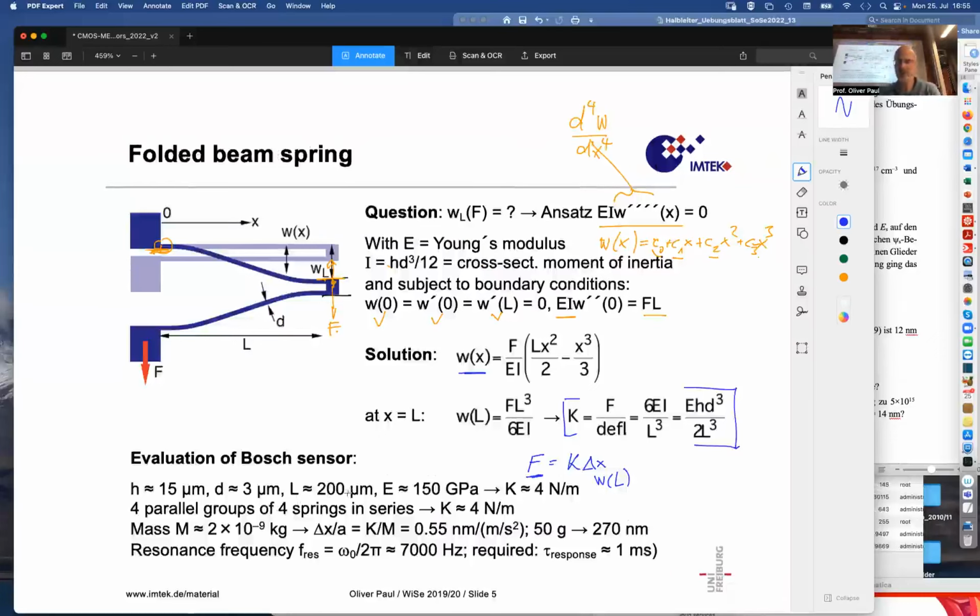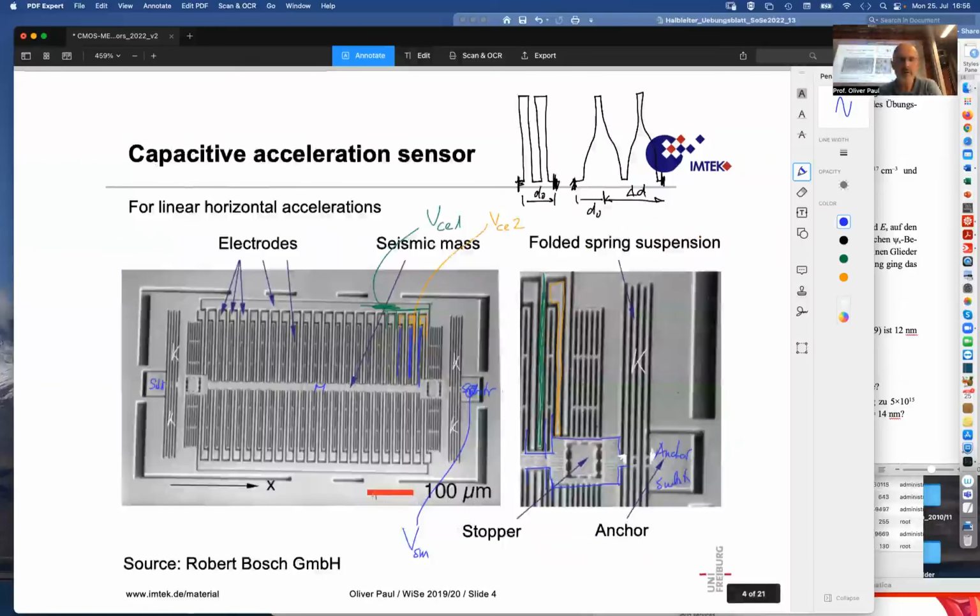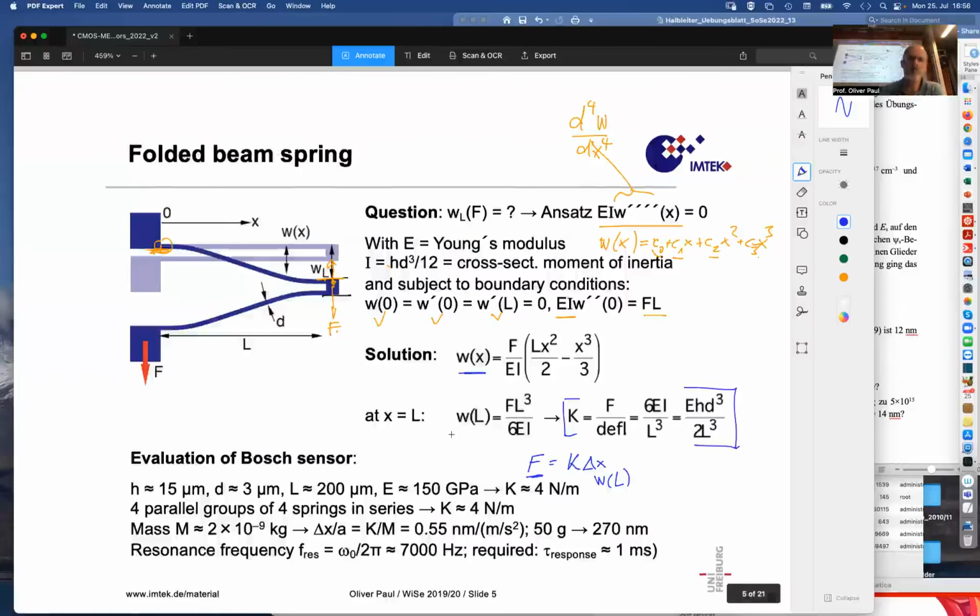The length is 200 micrometers. If this is 100, then this might be 200. The elastic modulus is that of silicon. It's polycrystalline anyway, so somewhere between 130 and 168. Let's take 150. By inserting these quantities, we obtain K equal to 4 Newton per meter.